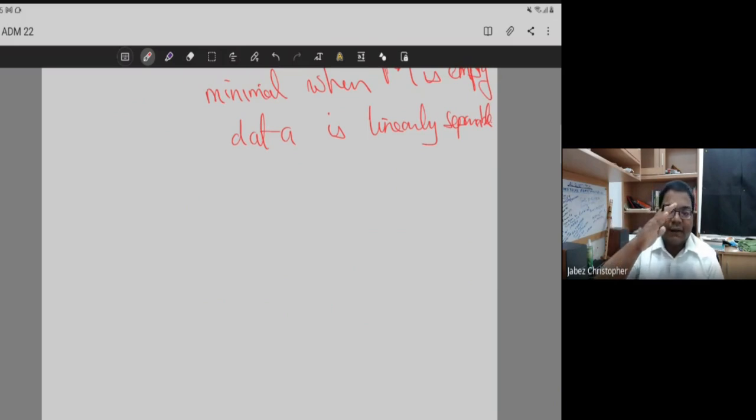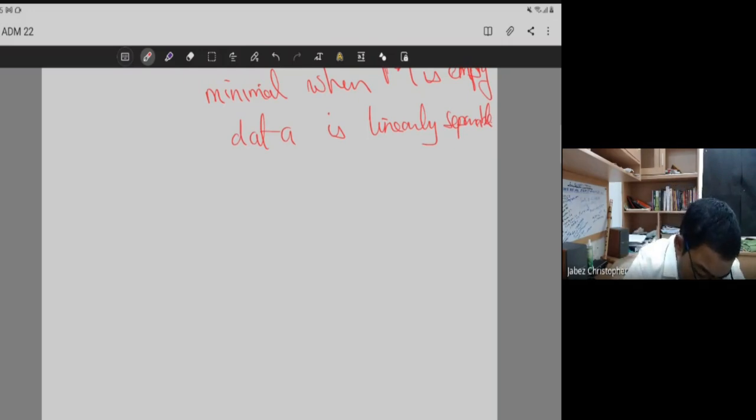So there exists a line, right? And now I want to minimize this. In order to minimize this, what should I play around with? I cannot play with the data. I can only play with the coefficients, slope and intercept, which are here, beta and beta naught, right?